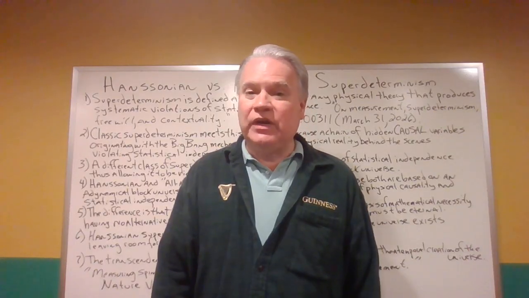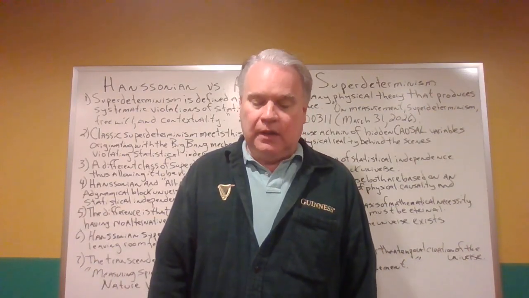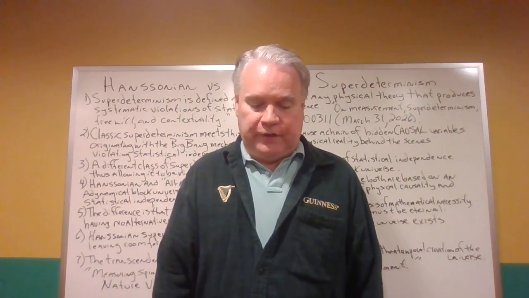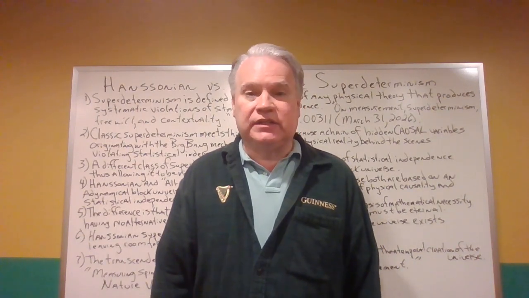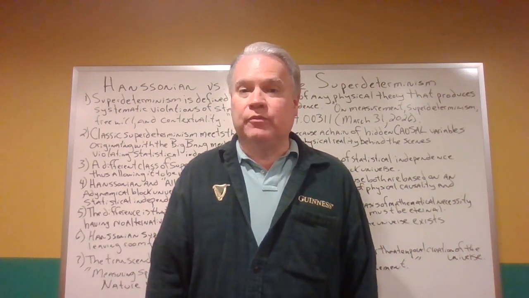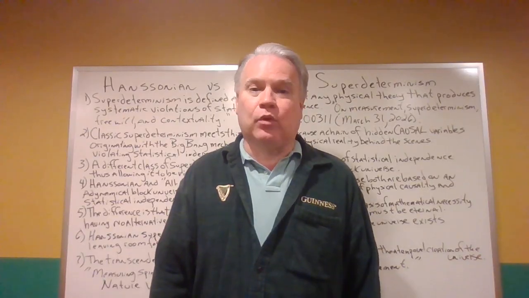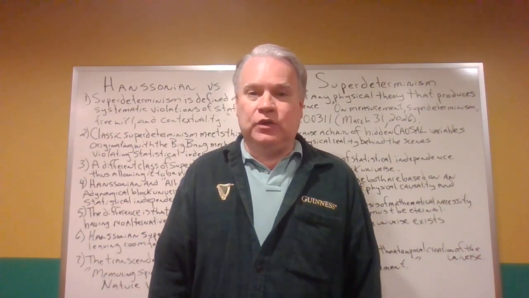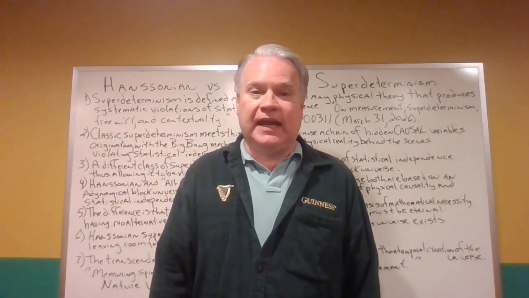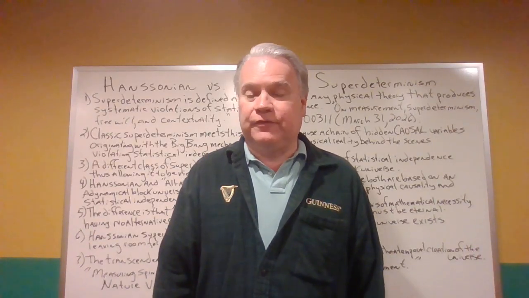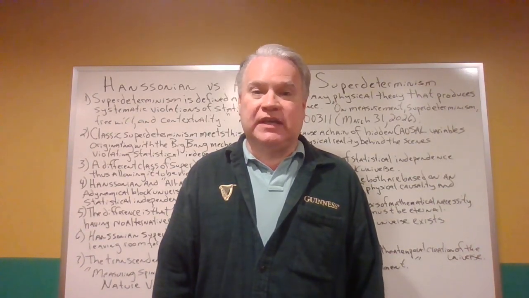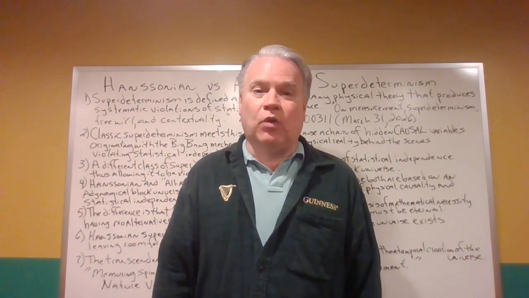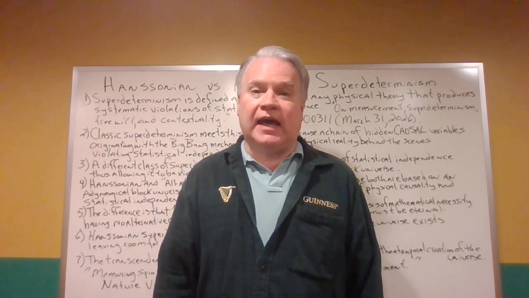Whereas Hanssonian superdeterminism makes no claim about the reason the universe exists, which leaves room for the atemporal creation of the universe by God. If you look at Dr. Hansson's proof in Physics Essays, it doesn't claim any reason why the universe exists at all.